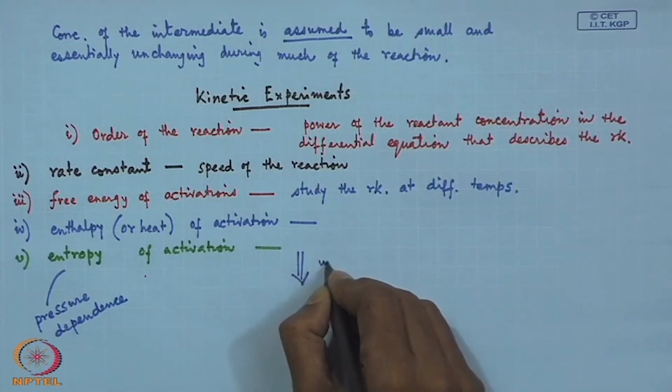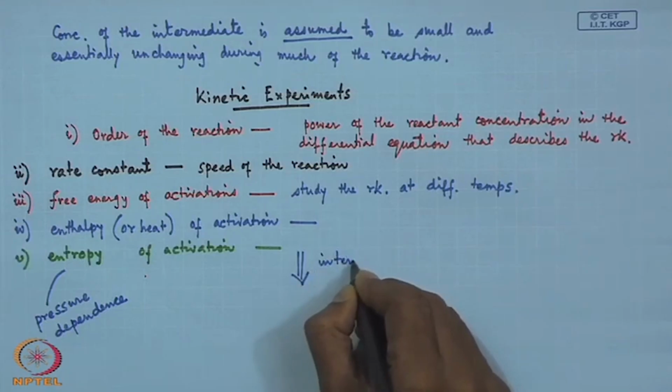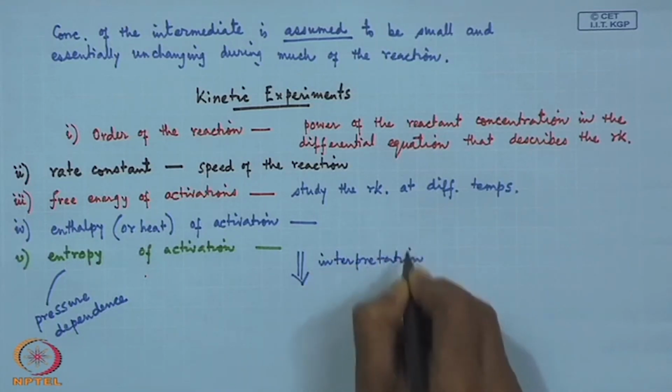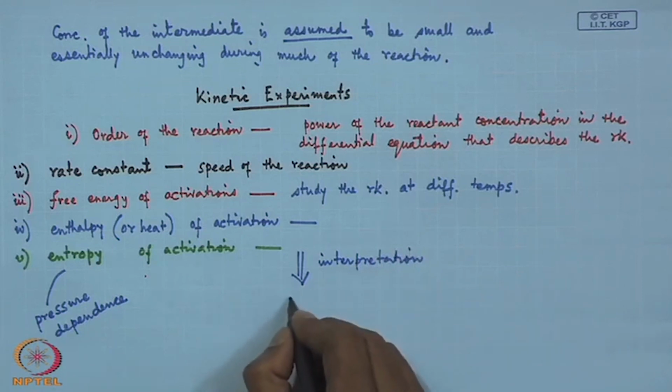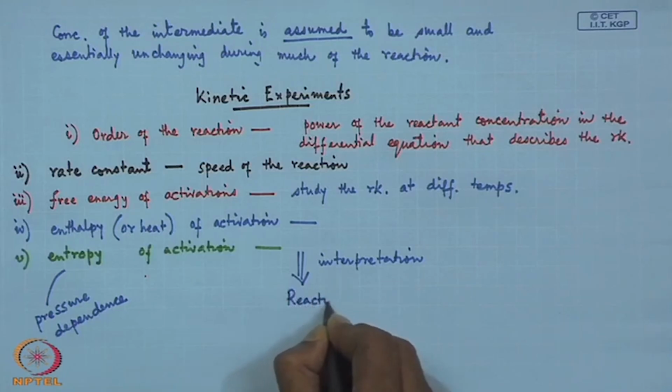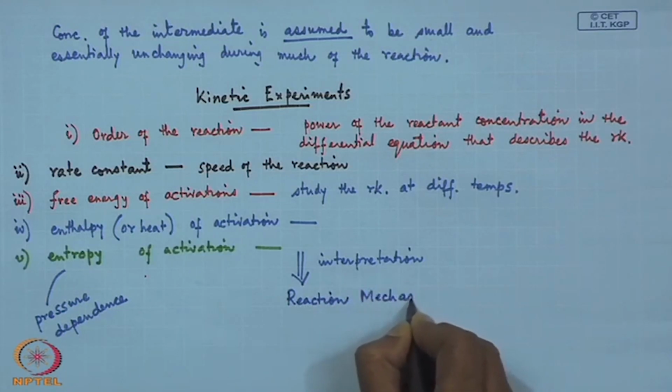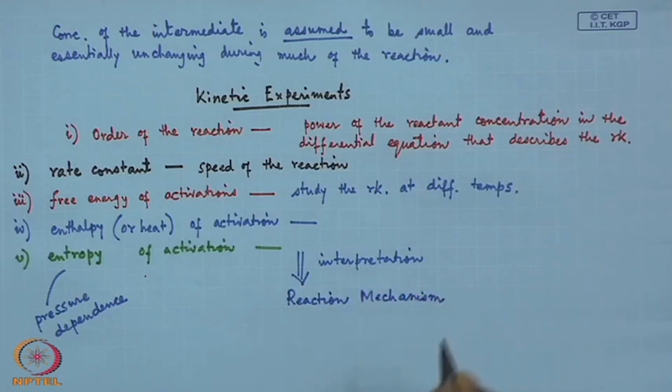So, if we get all these values in our hand, we can further interpret all these data, so we can have the interpretation which gives us the corresponding reaction mechanism, and along with that the corresponding energy surface of the reaction.